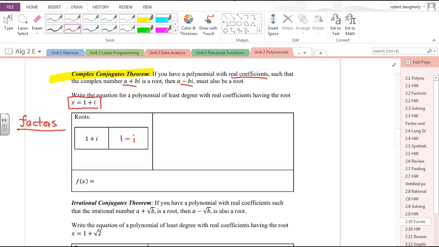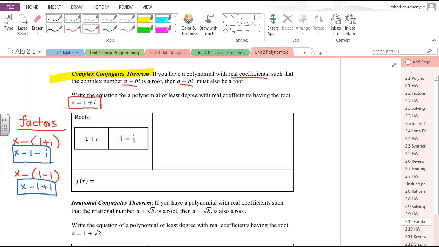Minus that. So if 2 is a root, x minus 2 is a factor. So x minus 1 plus i and x minus 1 minus i. I can rewrite this as x minus 1 minus i, and this is x minus 1 plus i. Okay? So those are 2 roots to this polynomial.